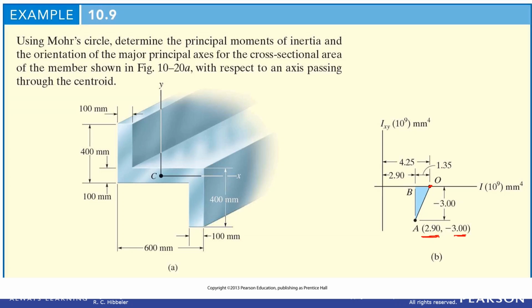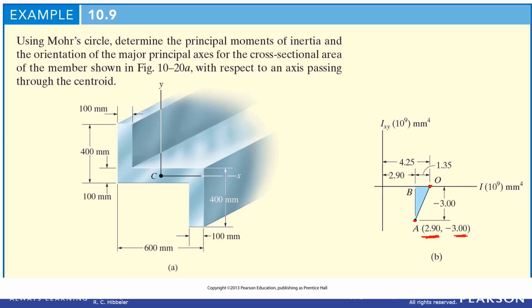This has to be Iy. Iy 2.9. Ixy 3.0. Go negative here. Iy positive 2.9. Origin, Ix plus Iy over 2. And radius, well, we can figure that out.